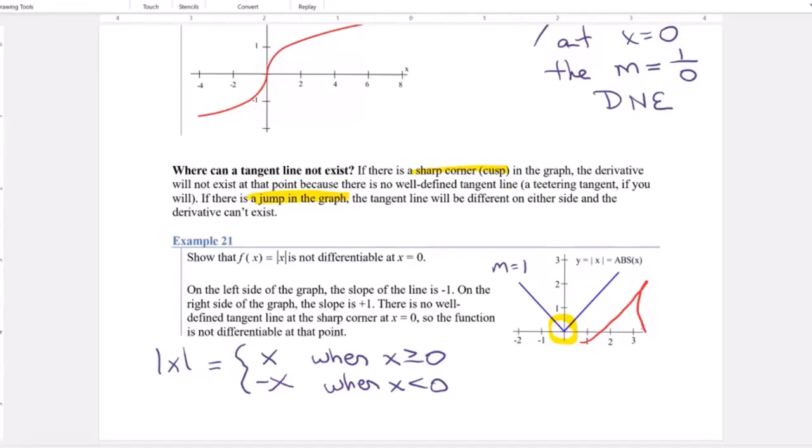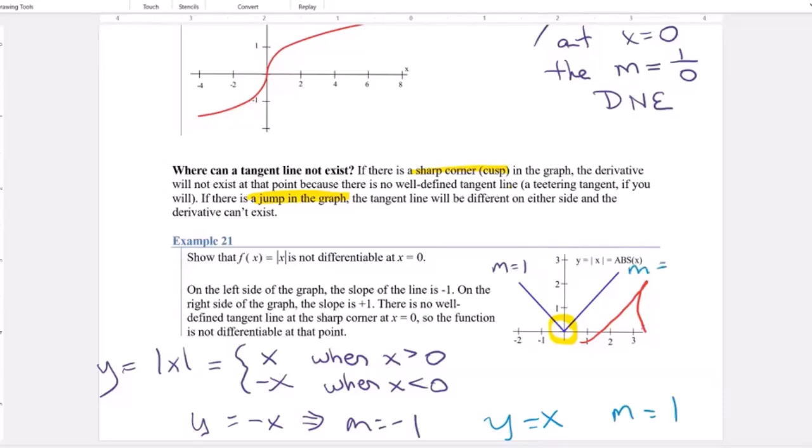So I can see that when x is less than 0, my slope is -1, because this is really y. So y equals minus x means that m equals -1. And when it's greater than 0, we know: for y equals x, m equals +1.